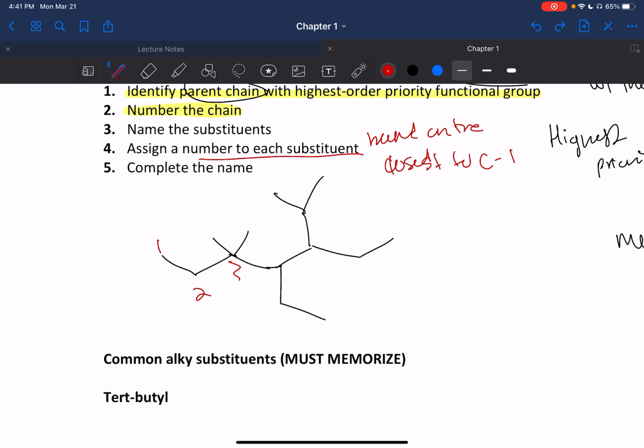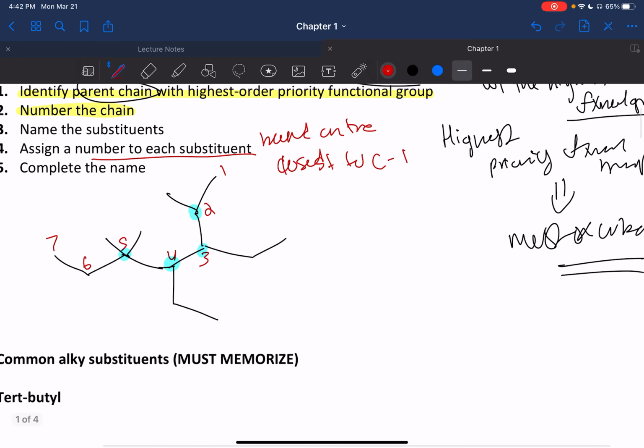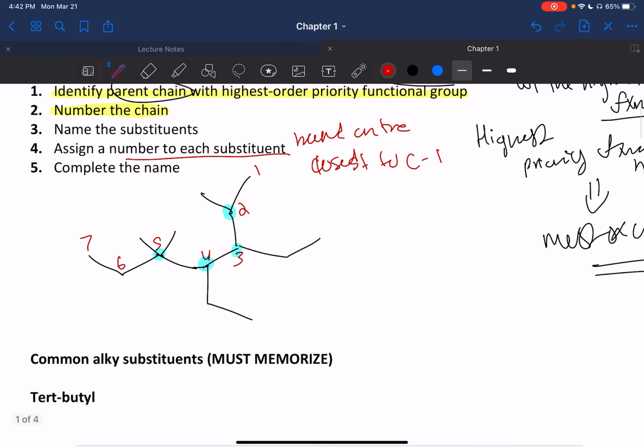Now let's number it the other way. 1, 2, 3, 4, 5, 6, 7. Now we have a substituent on carbon 2, on carbon 3, on carbon 4, and on carbon 5. Because we have a substituent closest to carbon 1, which is what we want, we are going to number it like this.